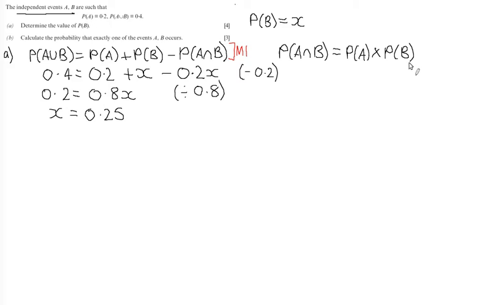Second of all, we are also going to get a mark, lowercase m1, if we identify that we can use the probability of A intersect B as the probability of A times the probability of B. Now, only if I've done that can I then get the mark for doing correct substitution into the addition law using this statement here. So we get an accuracy mark at this stage here, and then finally we get our accuracy mark for x equal to 0.25.